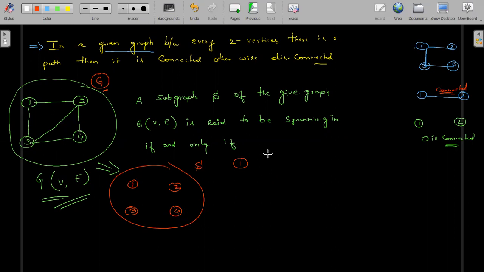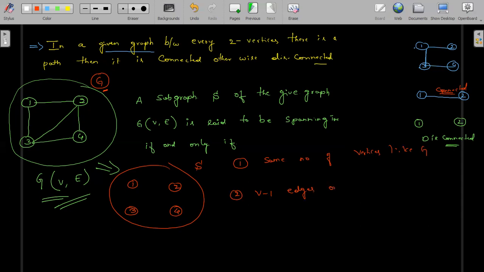Nothing but the same number of vertices like G. So all the vertices must be there. Second one, V minus 1 edges only.